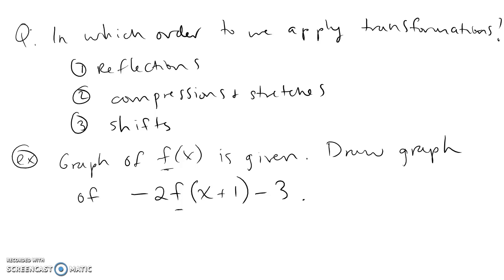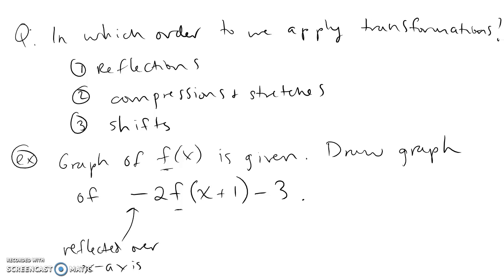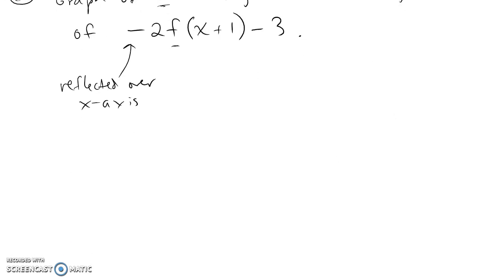So what we're saying then is that we have some function f, and I'm going to give you its graph in a moment, and some things have happened to it, right? This negative out front says that it's been reflected over the x-axis. This 2 out front tells us that it's been stretched vertically by a factor of 2.